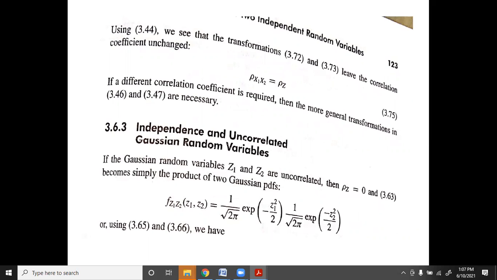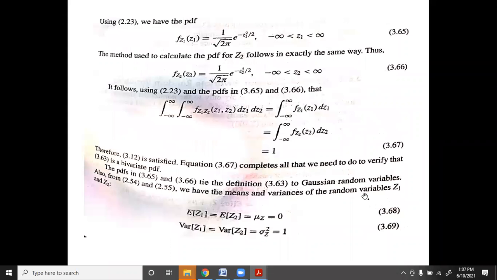Covariance of Z1, Z2 will be equal to 0. The covariance, the correlation coefficient, all of them will be equal to 0 if they are uncorrelated. So in that case, the value which we need to consider will be 3.63, whatever we have here.